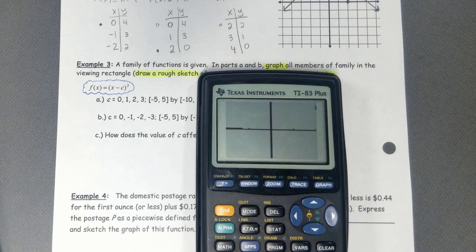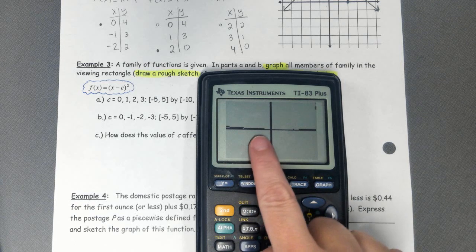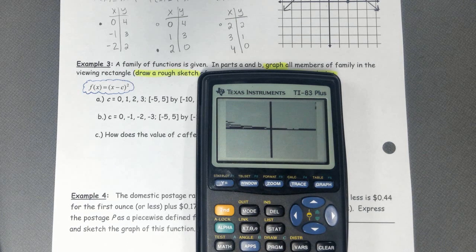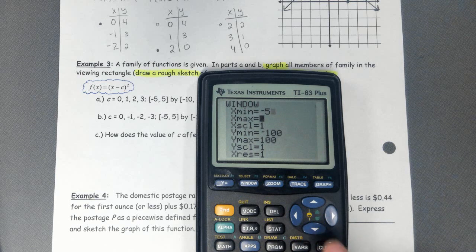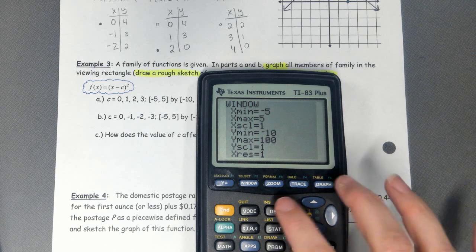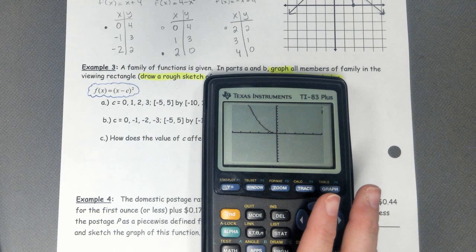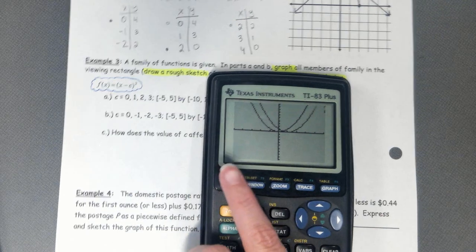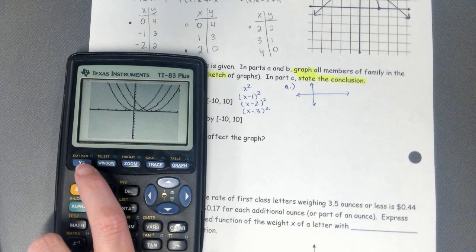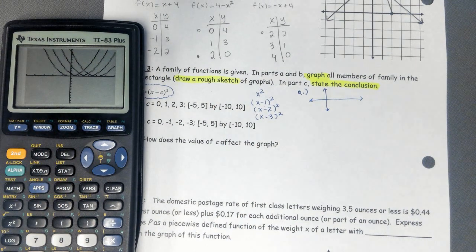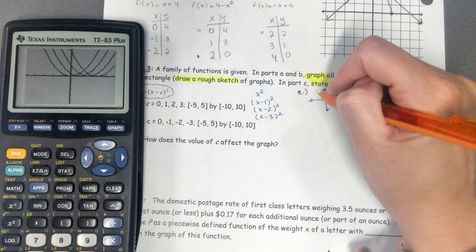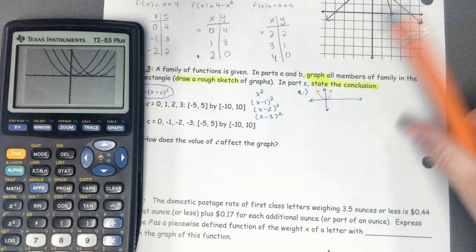So let's see what we got. Oh, and then your window's probably still in your window before. So let's go and let's switch it. So you can see this window right here is not good, the last one we were on. So we're going to go -5 to 5. And then -10, you can just delete that other 0. Wait, what was the y scale? Right here, -10 to 10. Alright. And so for x squared, we are right here at the origin.